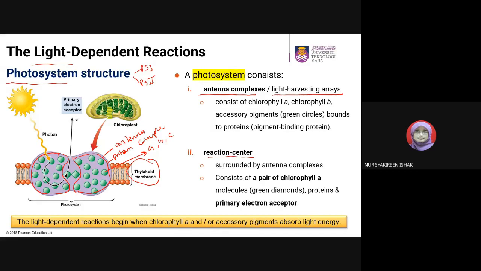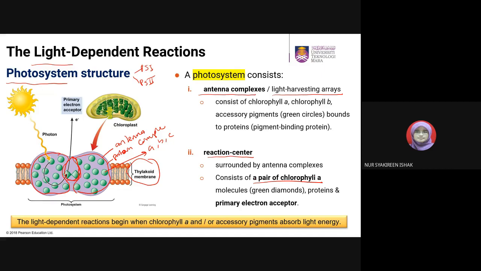Okay, so another component of the photosystem is the reaction center. So this is the reaction center. Okay, so the reaction center consists of a pair of chlorophyll A. Kalau awak refer kepada buku Campbell, dipanggil a special pair.